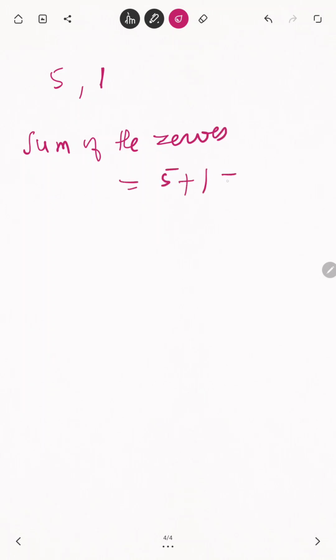One zero is 5, another zero is 1. Sum of the zeros means we just add these two, which is 5 plus 1, equal to 6. This is the sum of the zeros. Then the product of the zeros is 5 into 1, which is 5.